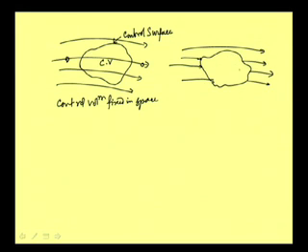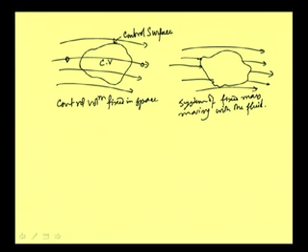So we can call it a system of fixed mass moving with the fluid. This is another way of making the model of the flow before analyzing it.